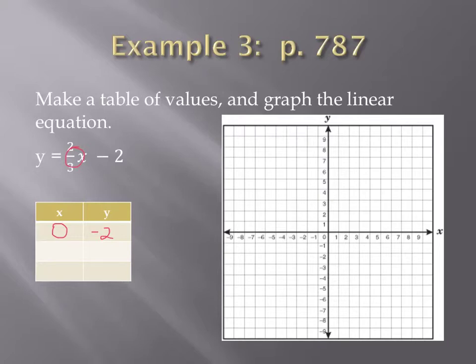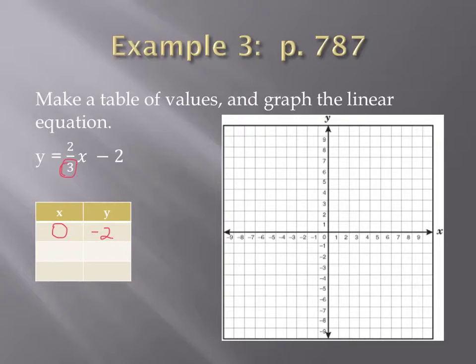Okay, so if you start by making x 0, then that's always one easy way to get your first point. Okay, now the next ones, since this is a fraction 2/3, I want x to be a multiple of 3, a multiple of the denominator, to kind of cancel the fraction and make it easier.